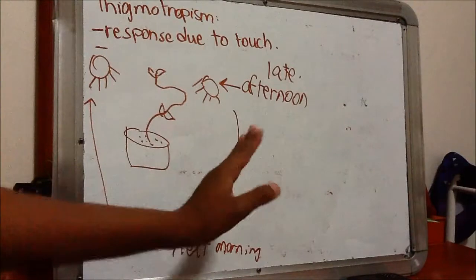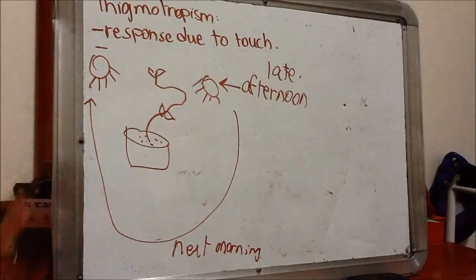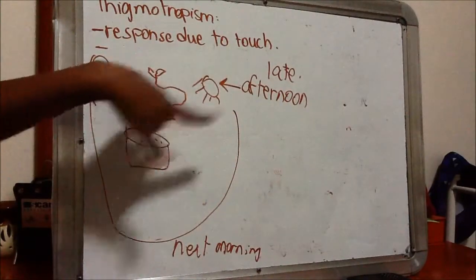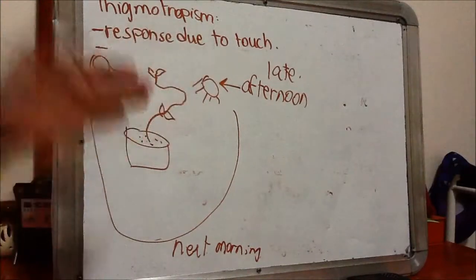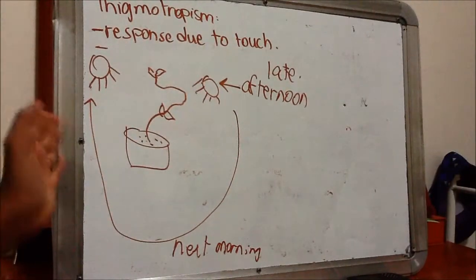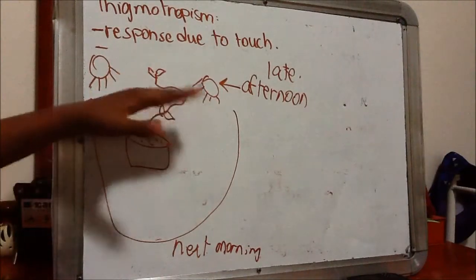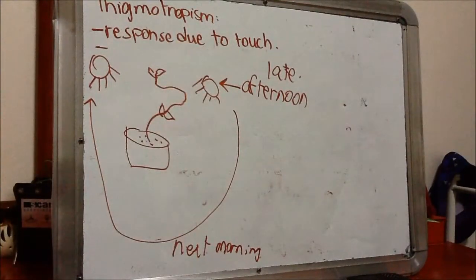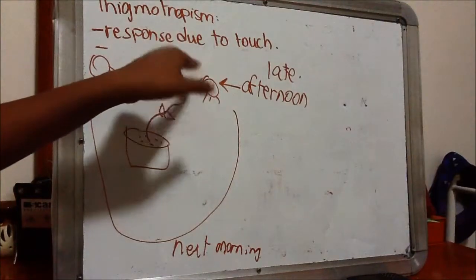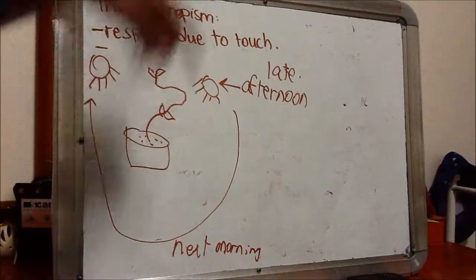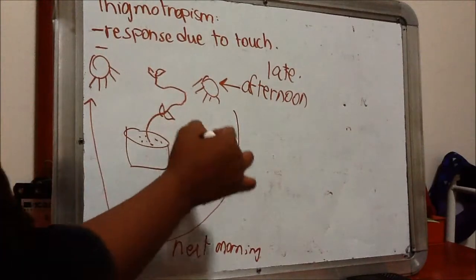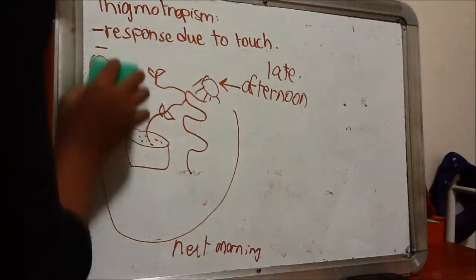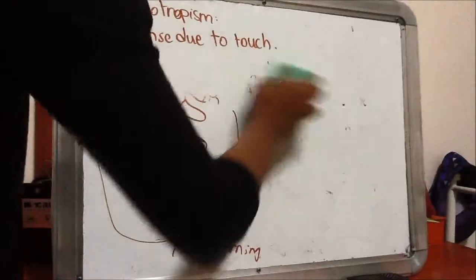They would be growing to this side because we have windows on either side of the room. Then later in the morning, we'd find that they've bent to the other side. They're not vines, they're just normal plants, but they would have grown like this all through the day until the sun reaches here, and then next morning the sun would be on the other side toward the other window. So it would continue growing and bend to the other side, and we'll continue like that. Our plant basically looks like this right now, and we need supports for it to stay like that because it looks really nice.